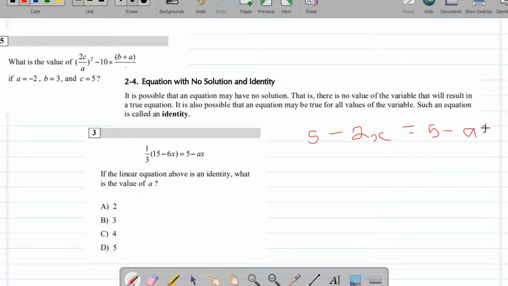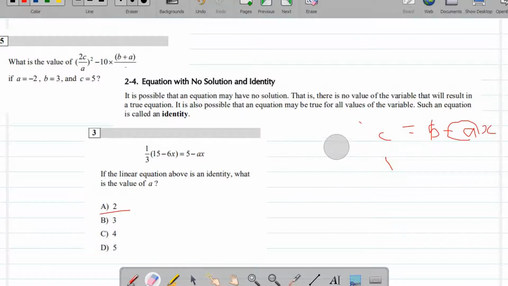So we see that this 5 here and this 5 are the same. Minus 2 here should be the same as minus a here, because x and x are the same. So minus 2 and minus a, what would that be? That means a is equal to 2, and that's it. So when it is an identity, they're equal.